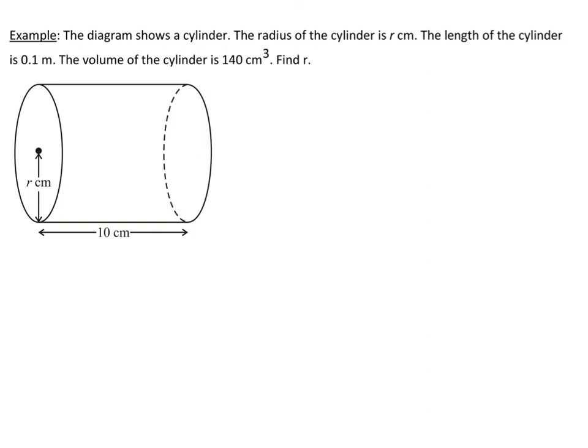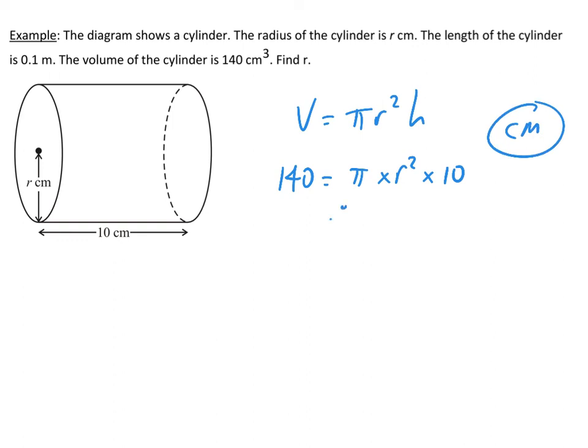So the formula for the volume of a cylinder is pi r squared h. We're told the volume is 140, and that's pi times r squared times 10. So we're all in centimeters here. So if I divide by 10, first of all, that will get rid of the 10 on the right, and I get 14 equals pi times r squared.